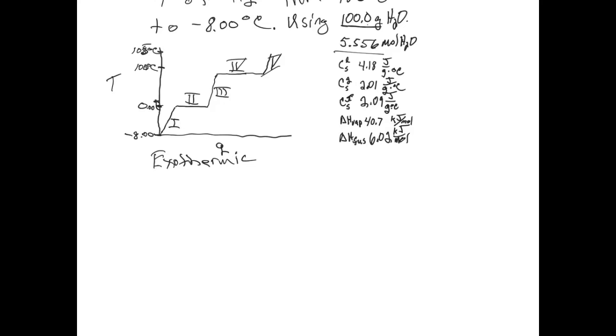So we can start off then, and it doesn't matter how you do it. Even though we're starting at 105, I can write my segments any way I want as long as I pay attention to which direction they're going to go. So in segment 1, I'm just saying that is the cooling of ice from 0 to -8.